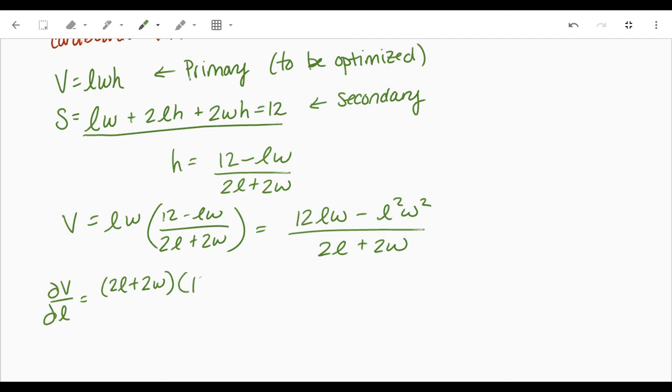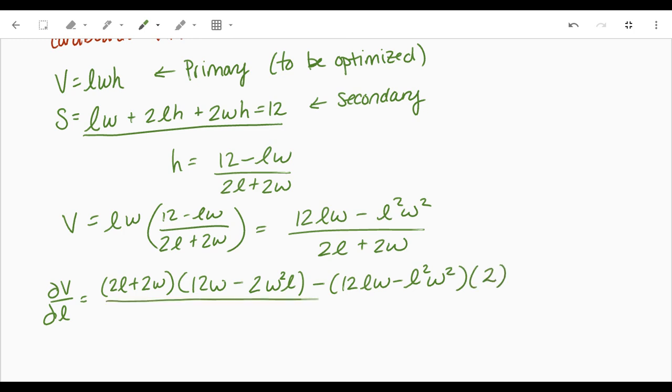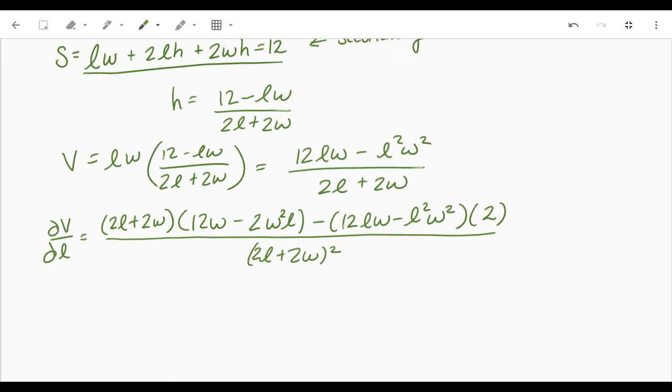which is low d high minus high d low, all over low squared. Okay, and we can simplify some stuff out here.